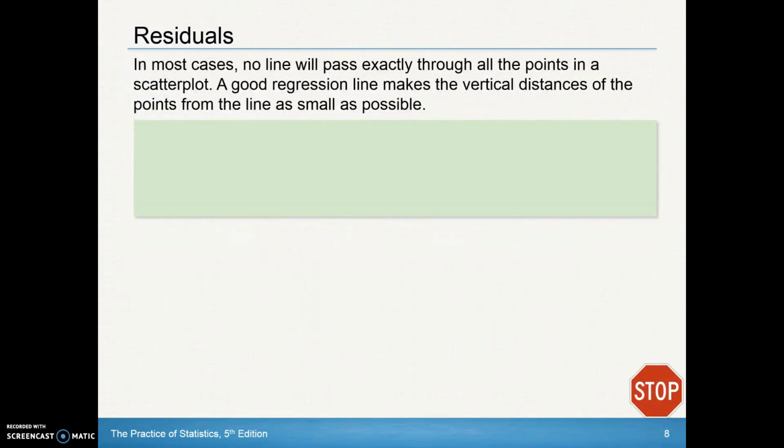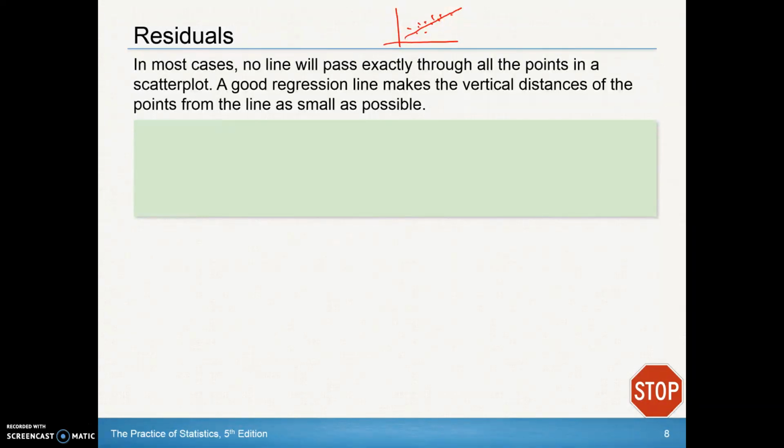Another term we're going to look at is residuals. Obviously, when we have data, rarely is there a time where a line will pass through all of the dots. That would be perfect positive correlation if I was going up like that.